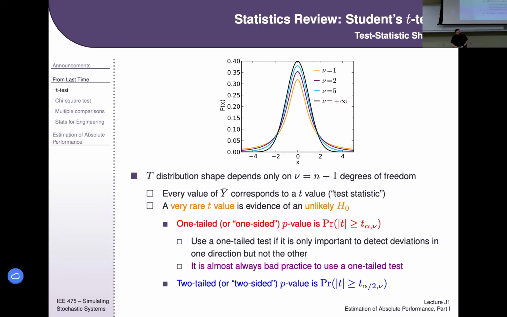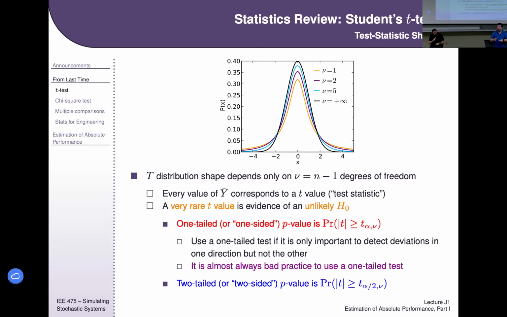Along with the one sample, two sample, there's also one-tailed, two-tailed. The one-tailed says that if you saw deviations from your hypothesis in one direction, you'd want to flag that as a detection, but in another direction, you wouldn't care. And it's very, very rare that this is an appropriate approach.